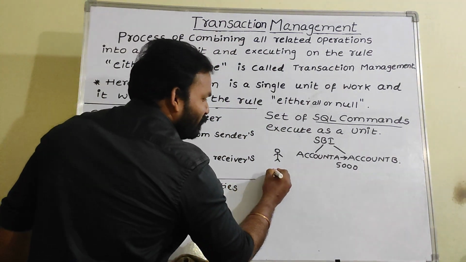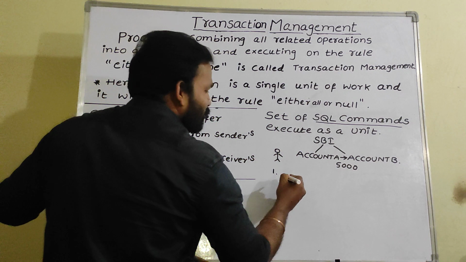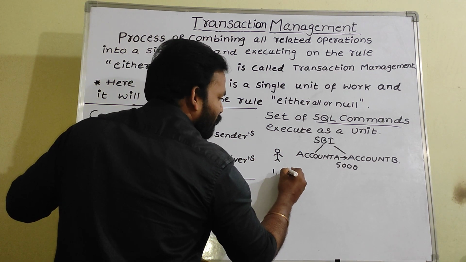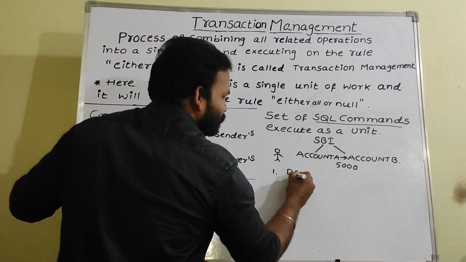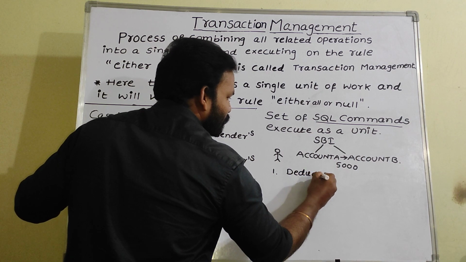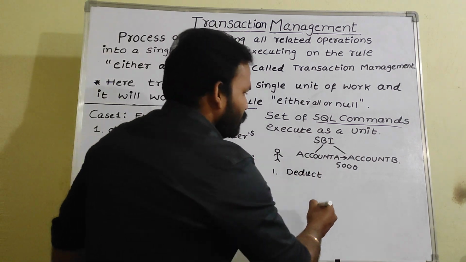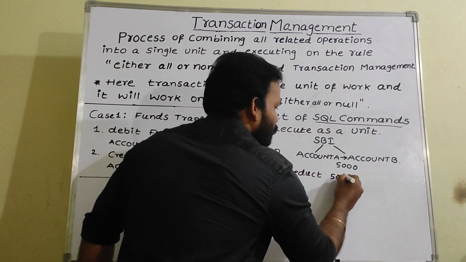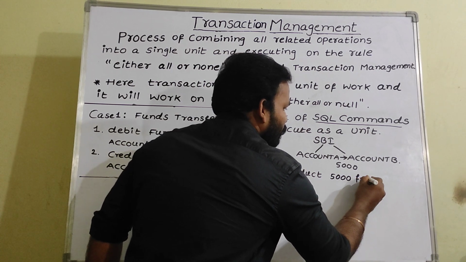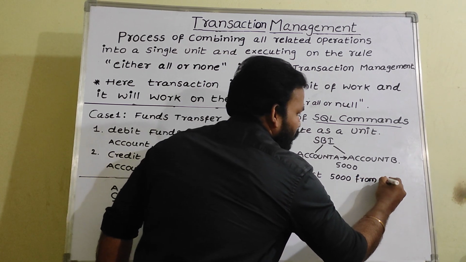What is the first one? First command, deduct 5,000 from account A.